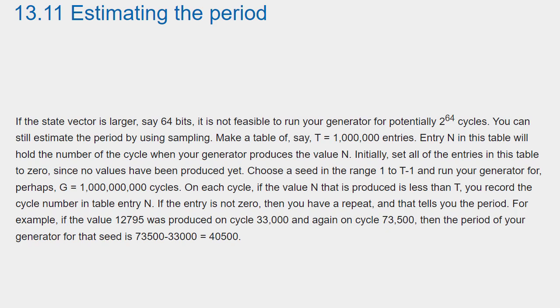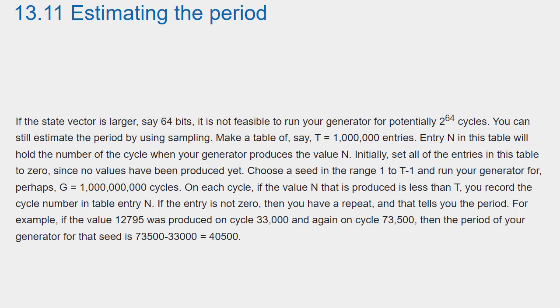Choose a seed in the range 1 to T-1 and run your generator for perhaps G equals 1 billion cycles. On each cycle, if the value n that is produced is less than T, you record the cycle number in table entry n. If the entry is not 0, then you have a repeat, and that tells you the period.